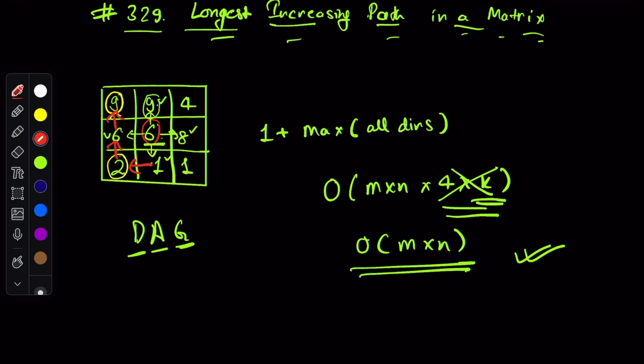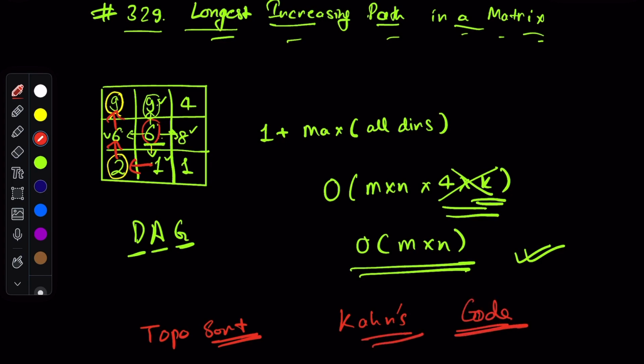This is directed, and also this is acyclic because it will never form a cycle. And all these cells are nodes of a graph. So what we can do is use topological sort to solve this problem. We will do it using Kahn's algorithm. We will directly look at the code for this approach.